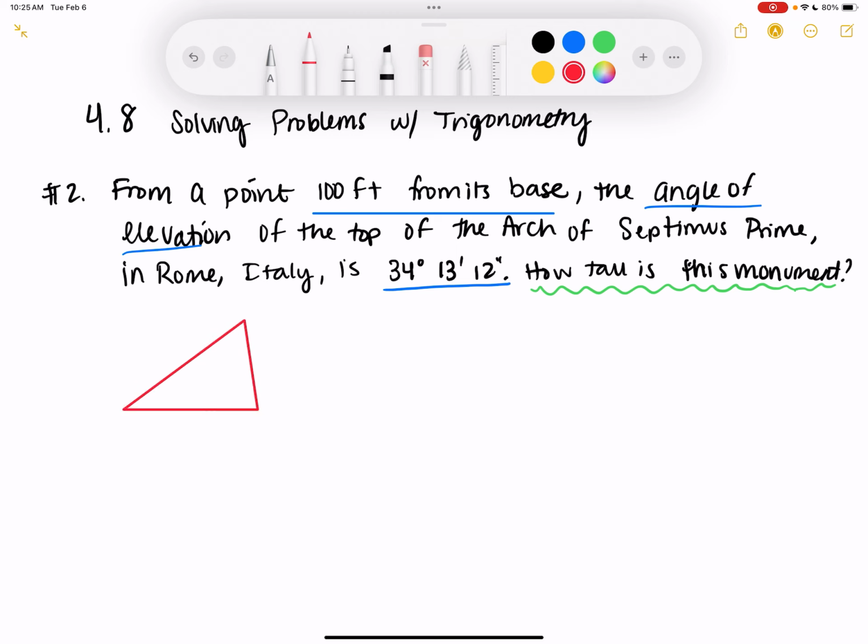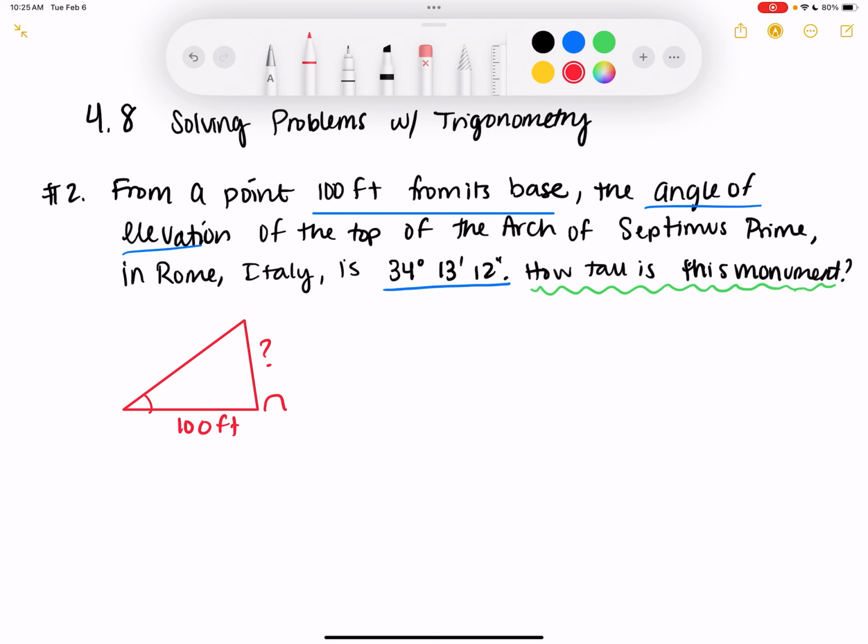My angle of elevation is going to be this angle here. This is the base of the arch over here. This is 100 feet. And I want to know how tall the monument is. So I care about this side here.